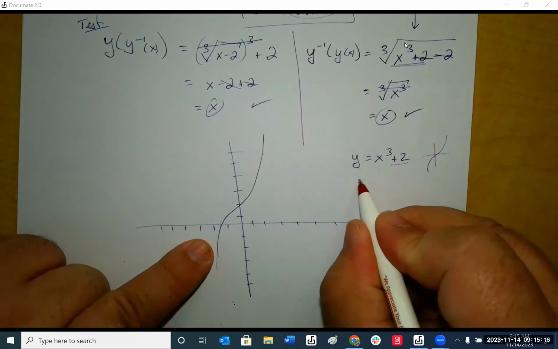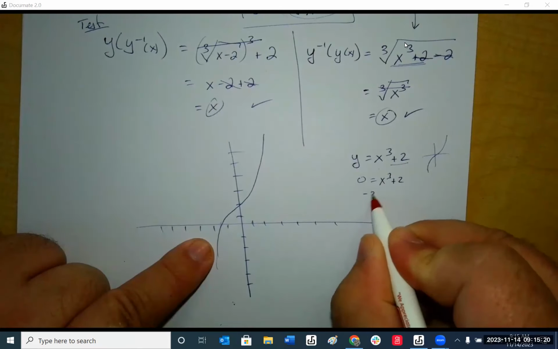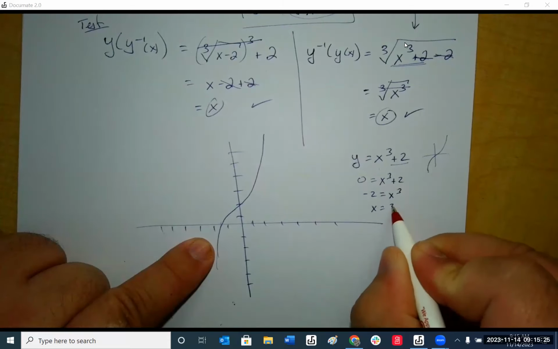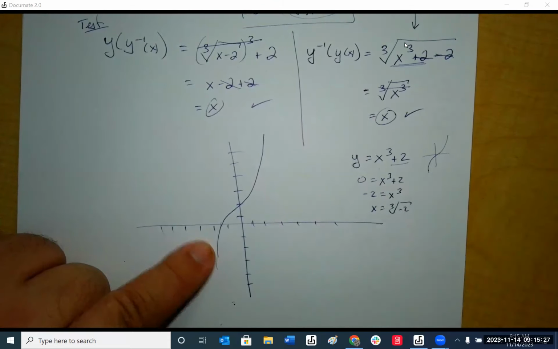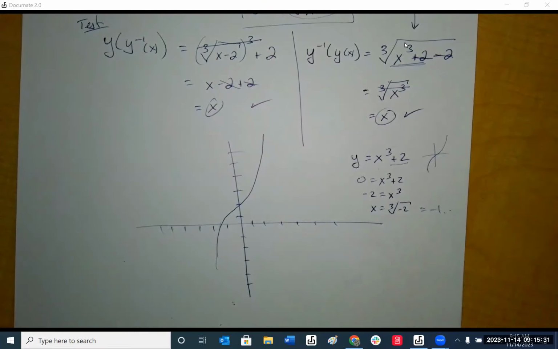And the x-intercept is the cube root of negative 2, which is negative 1 point something something.